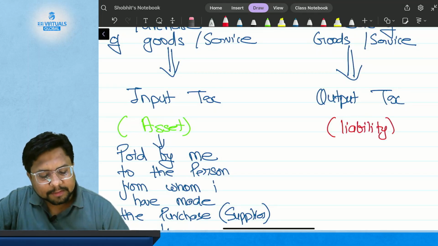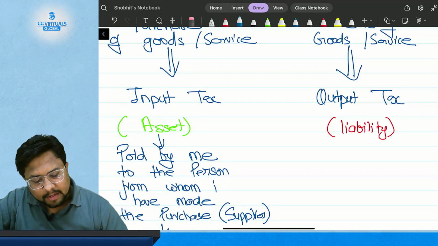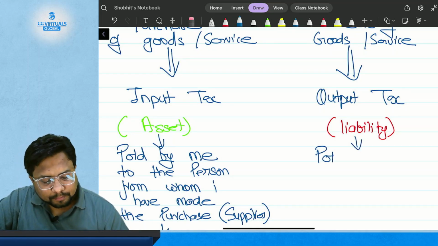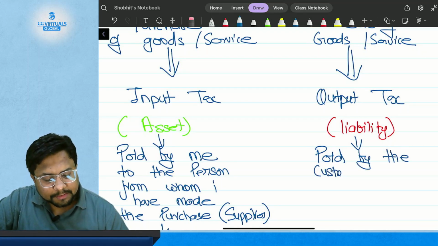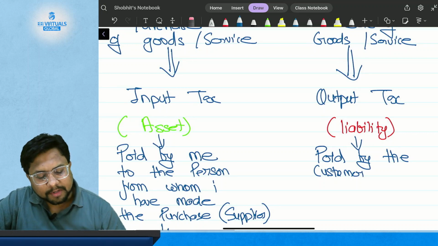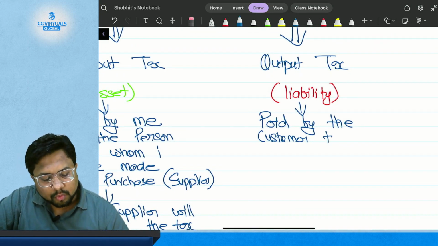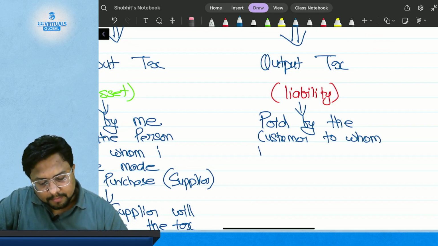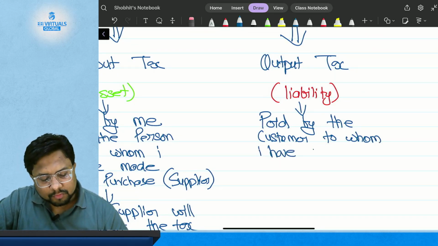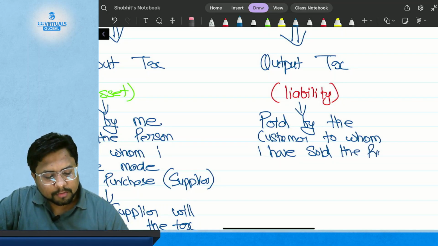The output tax is my liability, and it is paid by the customer to whom I have sold the product, that is goods or services.